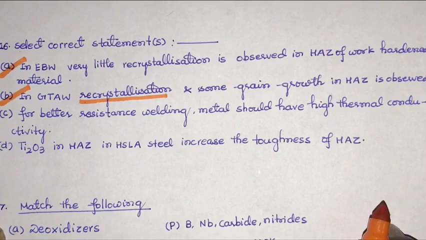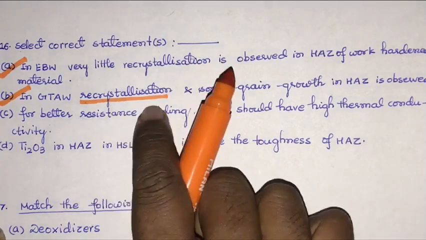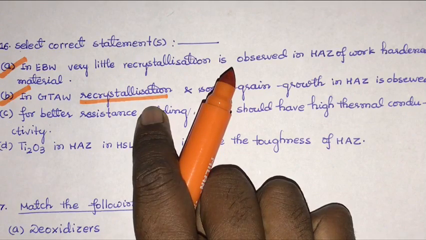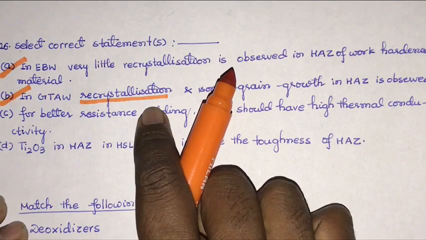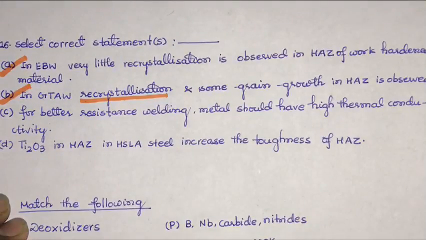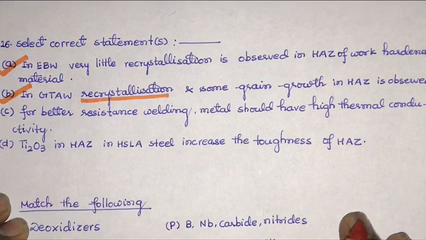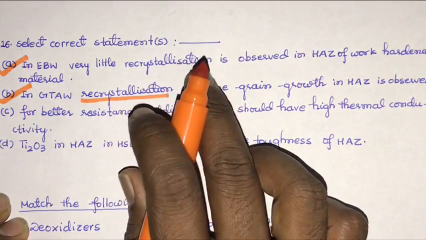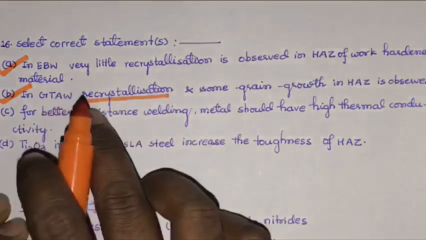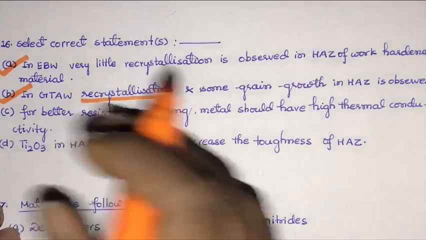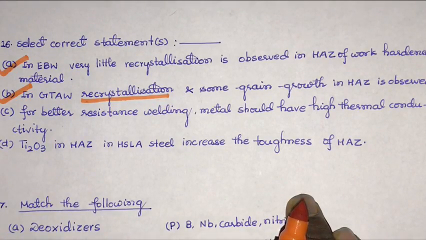This is due to high heat input and low cooling rate. But in electron beam welding, the heat input is low as well as the cooling rate is very high, so very little recrystallization is observed. But in gas tungsten arc welding, appreciable and significant recrystallization and grain growth in the heat affected zone is observed.